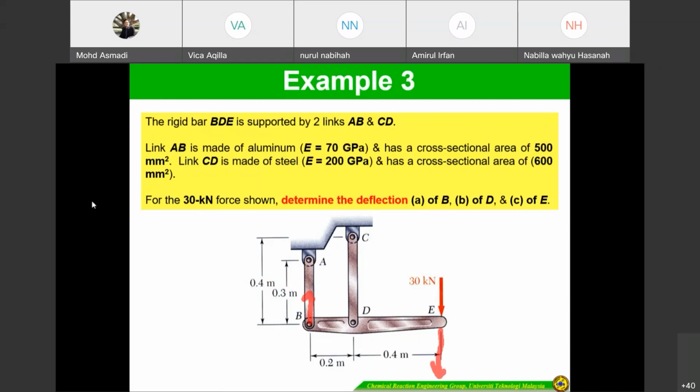So your bar is going to be here. This is the bar, and this is just imaginary, the original position. I just guess it like this. It will elongate like this.